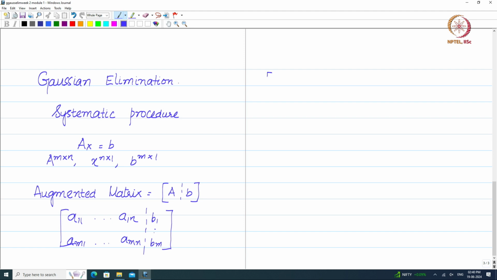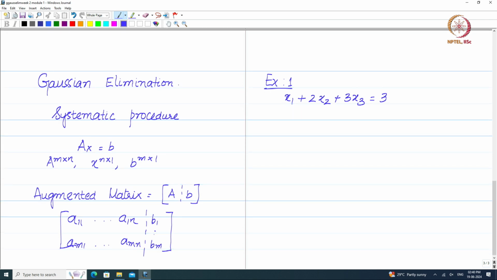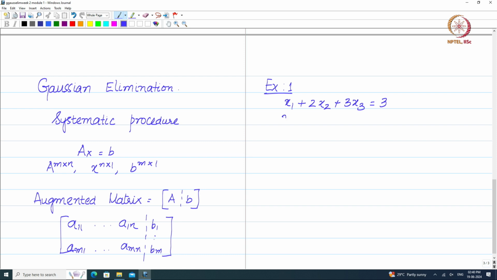The augmented matrix of the following system of equations: x1 plus 2x2 plus 3x3 is equal to 3, 2x1 minus x2 plus x3 is equal to 1, x1 minus x2 plus x3 is equal to 0.